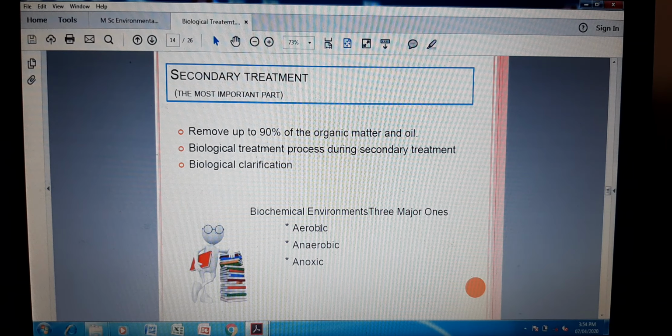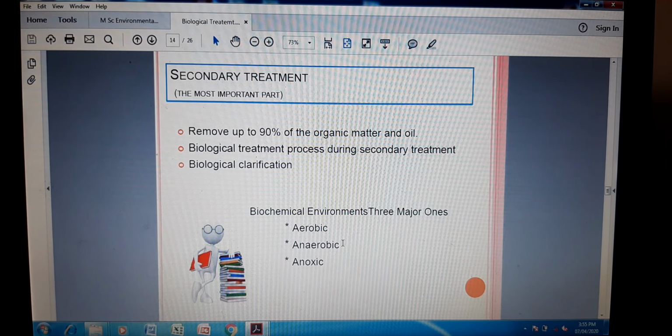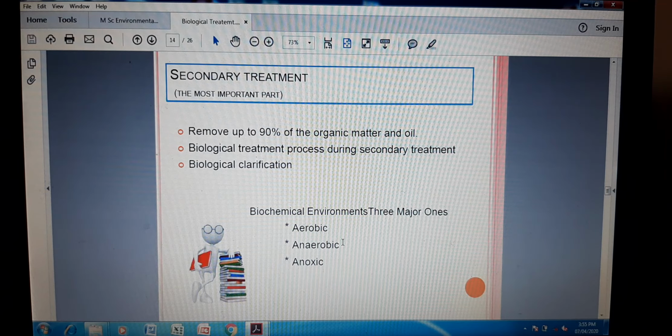Aerobic is the process totally based on oxygen-based microorganisms, the degradation of organic matter in the presence of oxygen, called aerobic treatment. Anaerobic means the degradation of organic matter in the absence of oxygen.